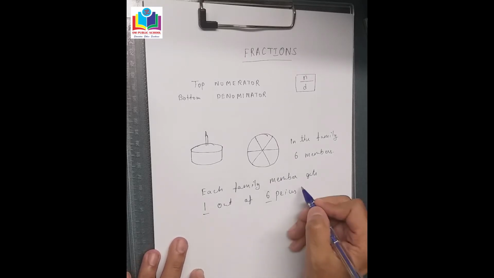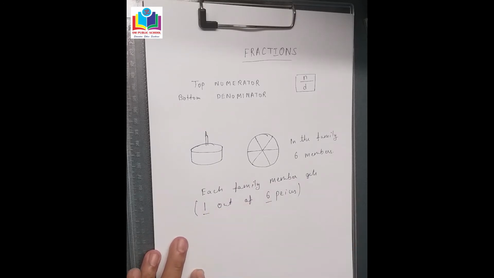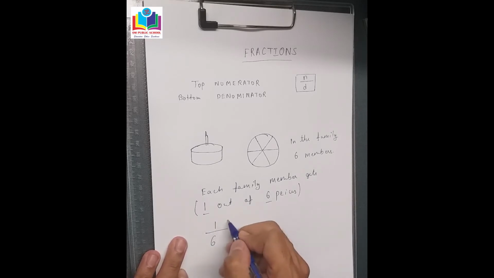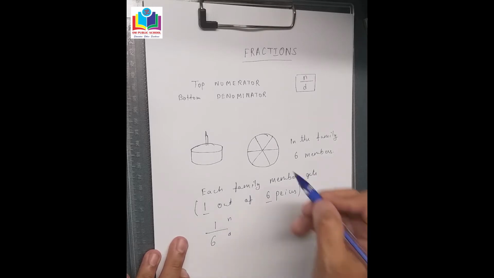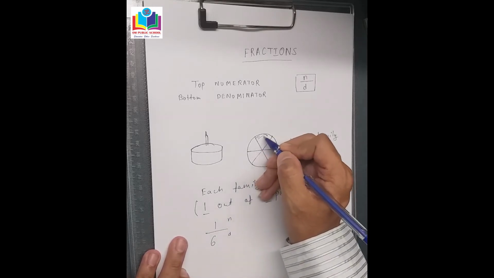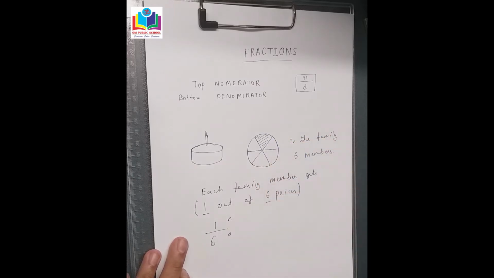When we convert this statement into a fraction, we write 1 upon 6, where 1 is the numerator and 6 is the denominator. This is how we denote a fraction. When I say 1 upon 6, I mean one part out of 6 parts of the whole number or a whole unit.